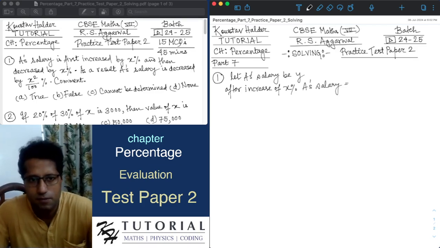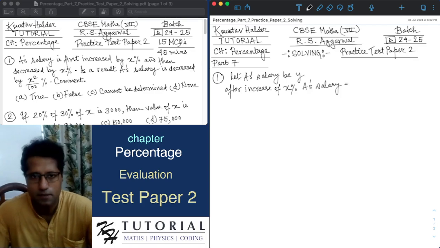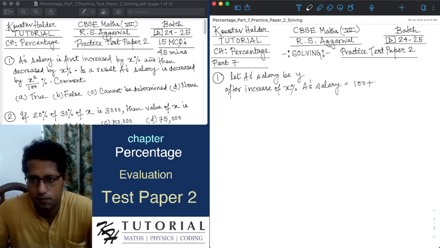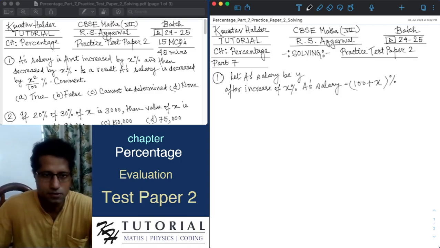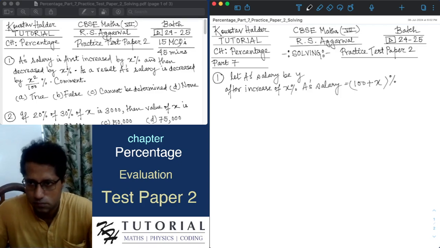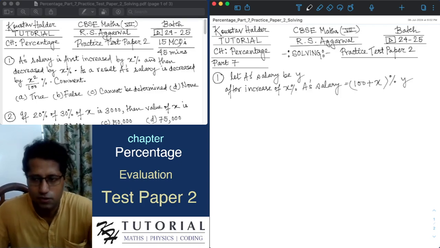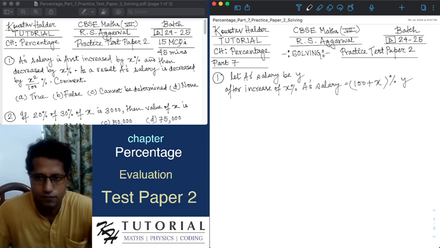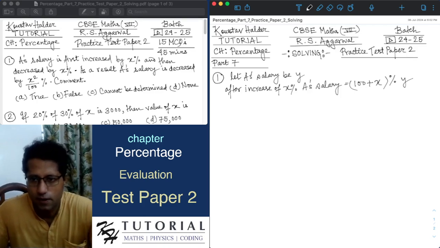When something is increased by some percentage, here X%, the new value becomes 100 plus X% of the original value. Why 100 plus? Because the salary is increased by X%. So of Y, because we have assumed A's salary is Y, after X% is increased the salary becomes 100 plus X% of Y. This is 100 plus X divided by 100 into Y.